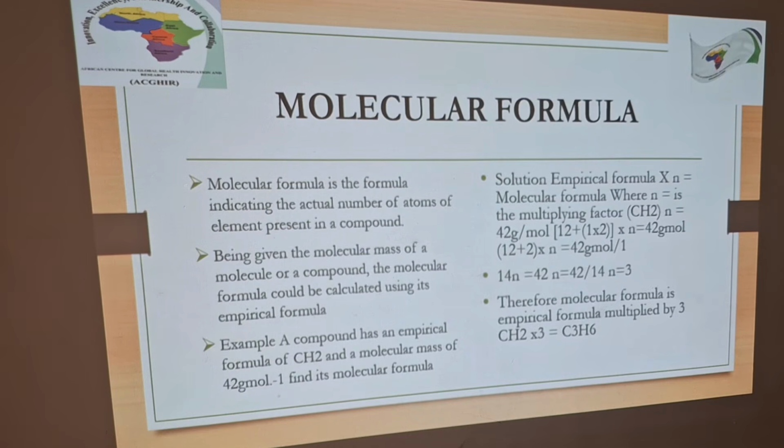As we know, the empirical formula is the simplest whole number ratio of a compound, while the molecular formula actually shows us the number of atoms which are present in the compound. So the empirical formula times a number n always gives us the molecular formula.